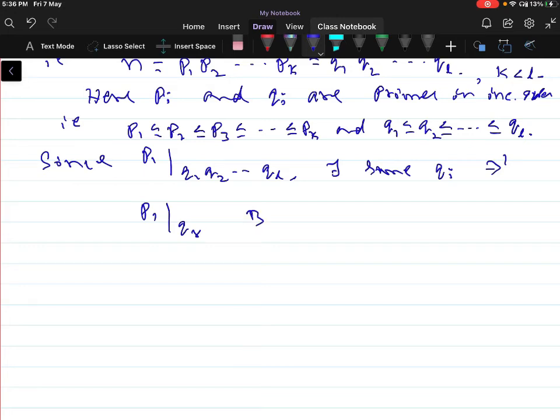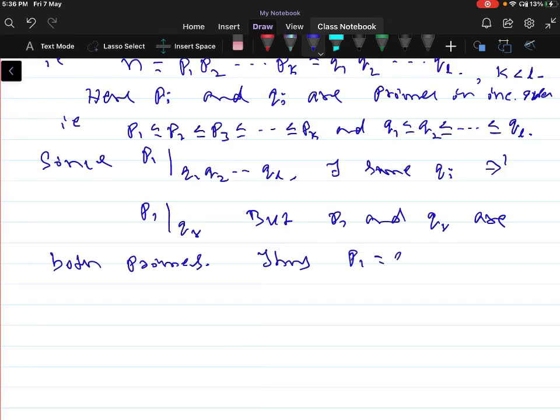But p1 and qr are both primes. Thus p1 is equal to qr.